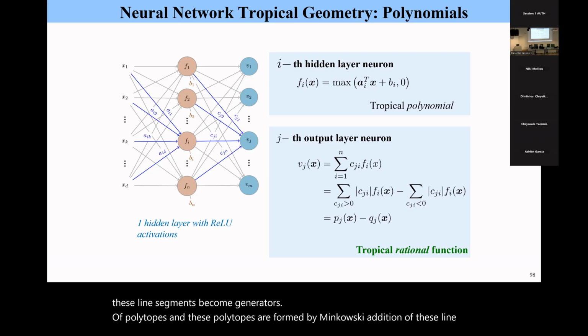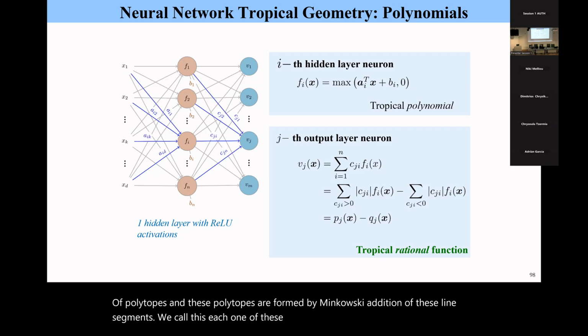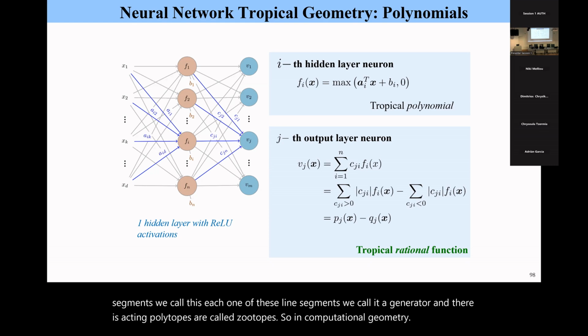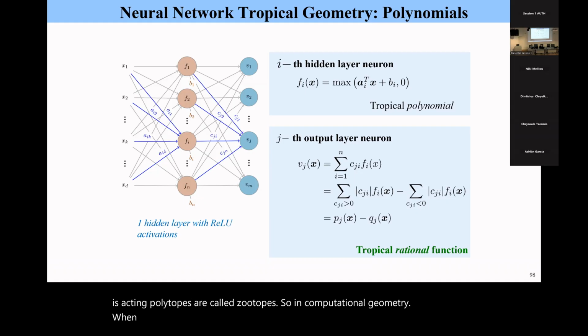Each one of these line segments we call a generator, and the resulting polytopes are called zonotopes. So in computational geometry, when you form a polytope as the Minkowski addition of line segments, the resulting polytope has a specific name. It's called a zonotope. So we are dealing with zonotopes.